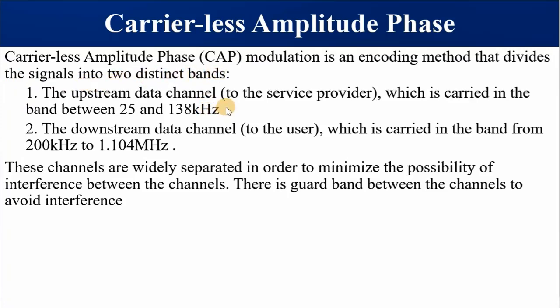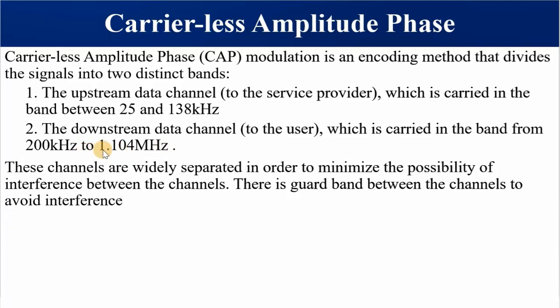If you remember your FDM, frequency division multiplexing, the upstream channel, which is the channel from the customer's premises to the exchange, is going to operate in a frequency range from 25 kilohertz to 138 kilohertz. Then the other band is the downstream data channel, from the exchange to the user, and this occupies a frequency range from 200 kilohertz to 1.1 megahertz.